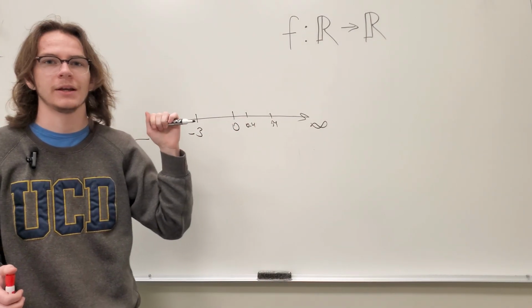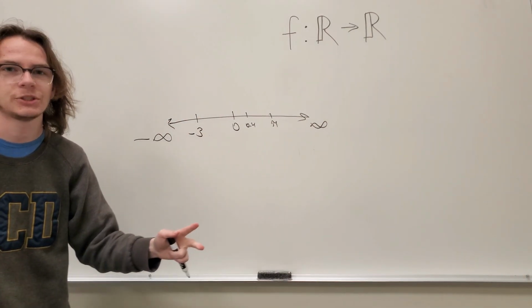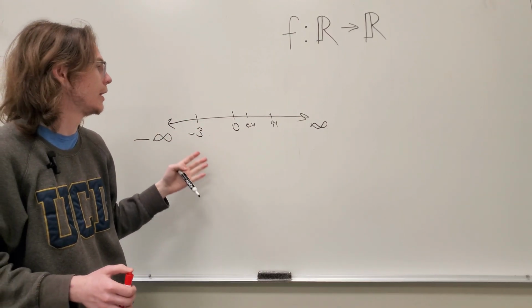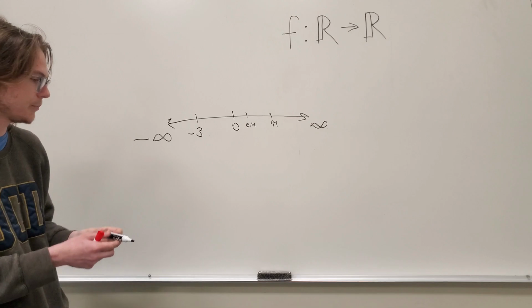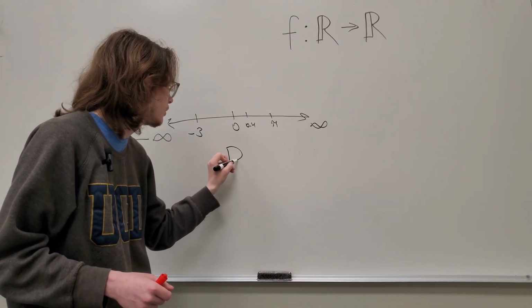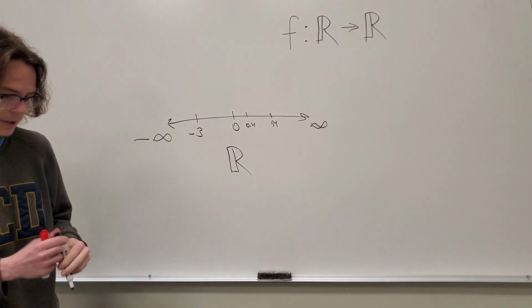That is every integer, every rational number, every irrational number. Every real number is on this line, all right? And again, that is denoted by that special type of R.